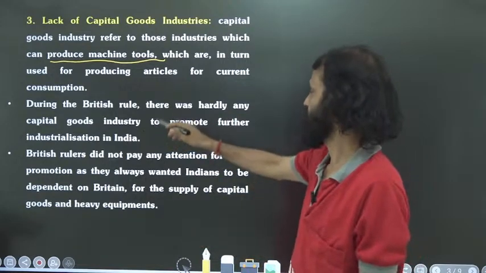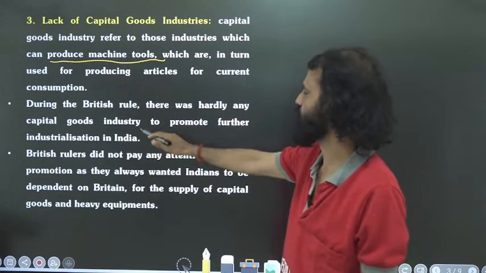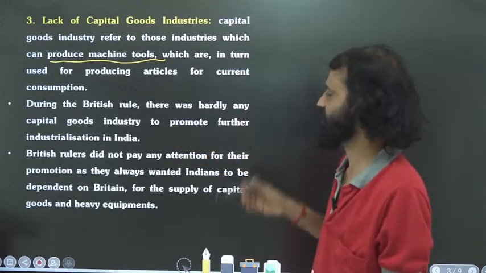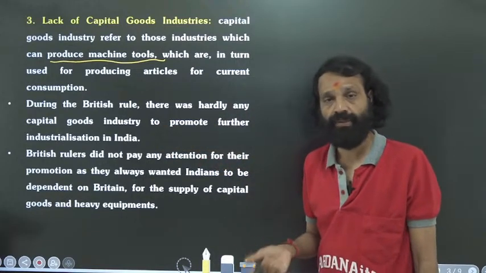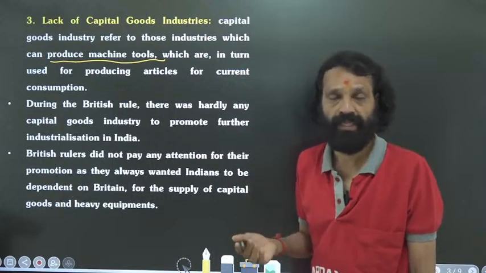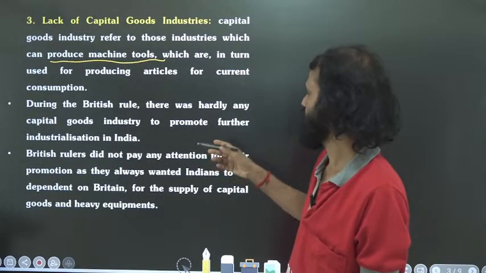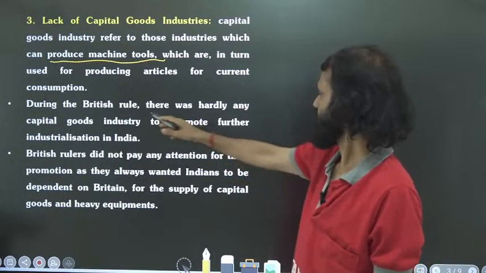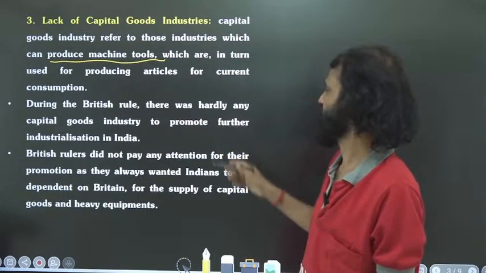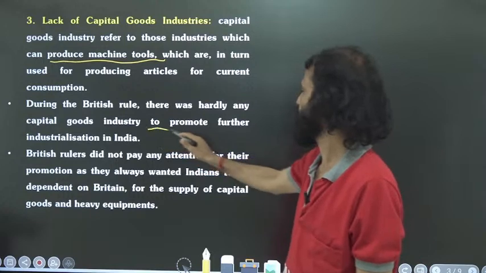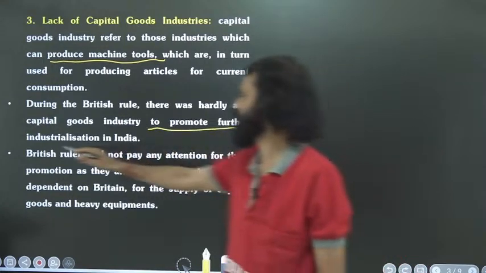During the British rule, there was hardly any capital goods industry to promote further industrialization in India. What happened during the time of Britishers' rule? We had no industries which can promote further industrialization in India.